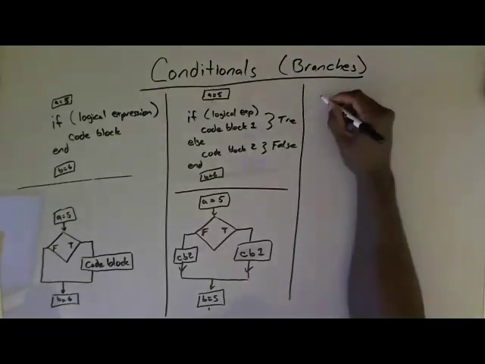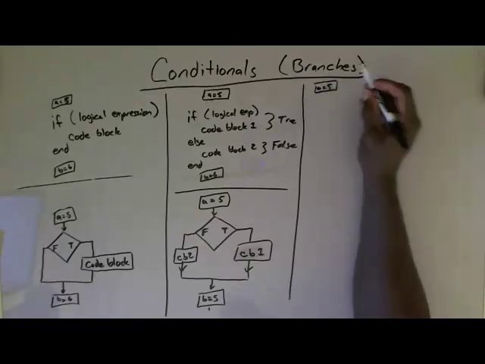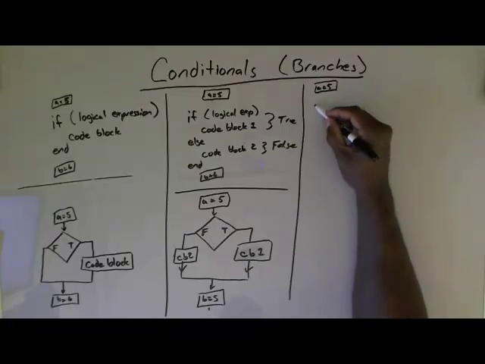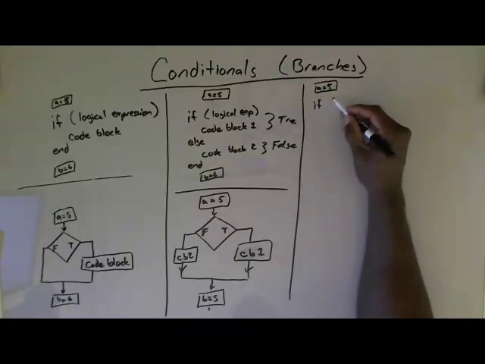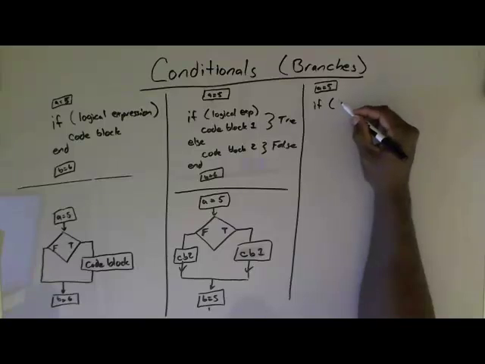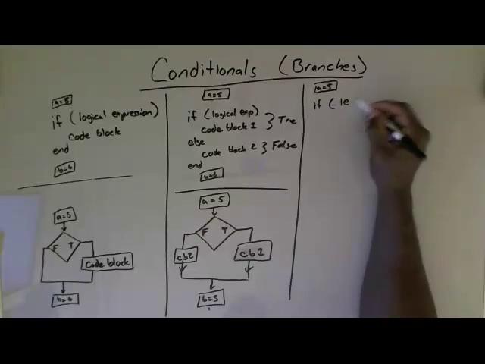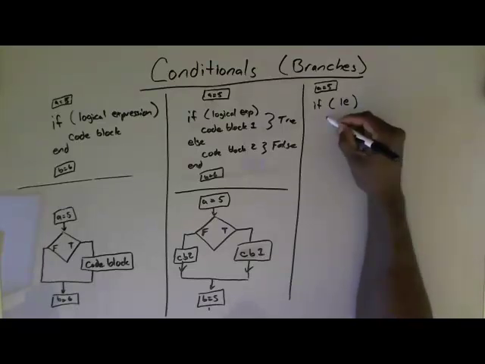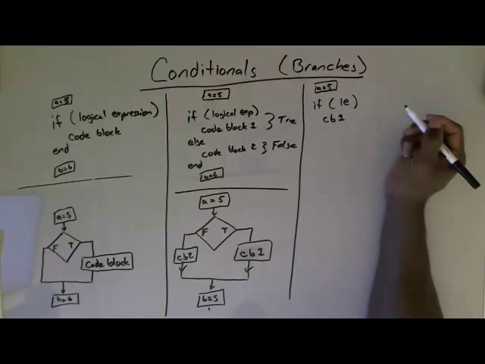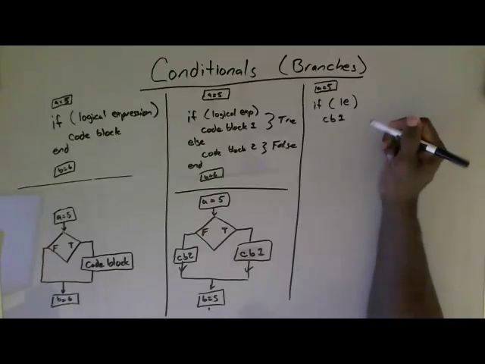Next version, you're going along executing some line of code, and then if some logical expression, which I'm going to abbreviate LE now, is true, you're going to do code block 1. Now this one is very interesting.